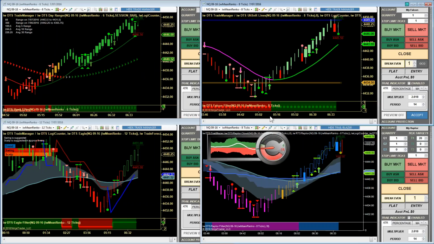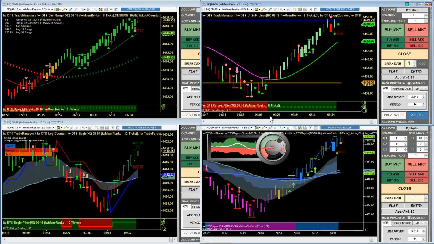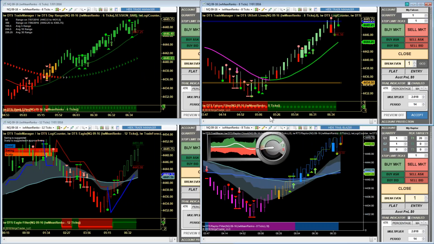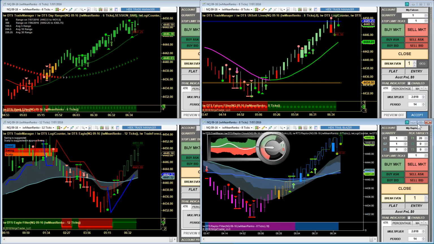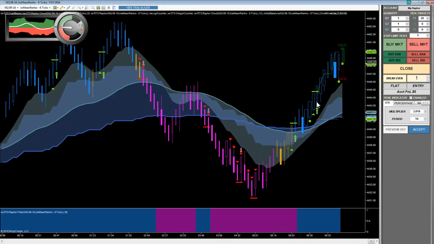All right, well, we'll give them a moment here to settle in. I'd really like to get that cloud crossover here in the Raptor. What the cloud crossover is, when your clouds cross over, see how the clouds crossed over here?